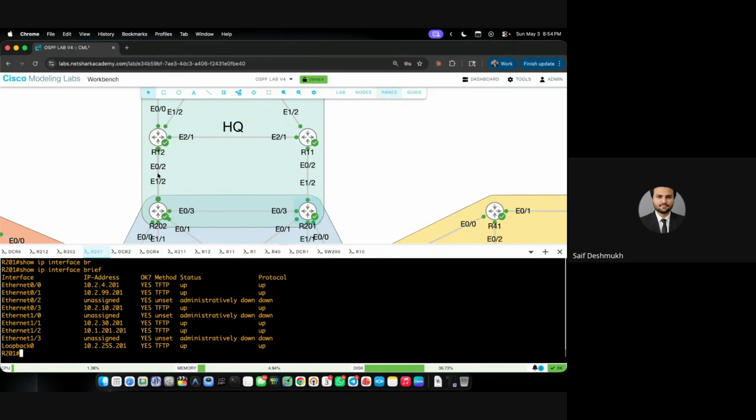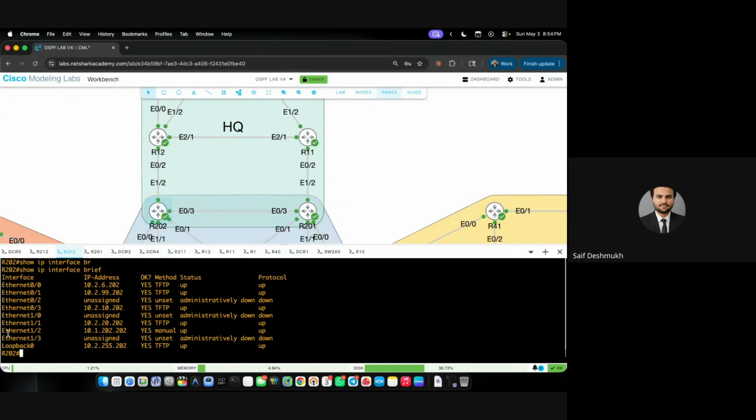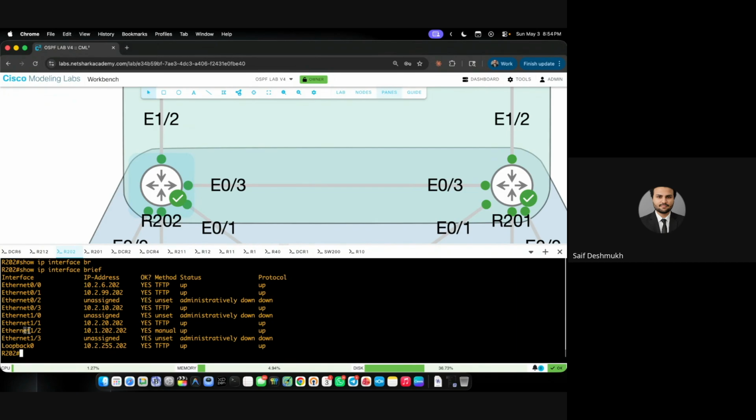Similarly, the link between HQ and 202 will be 10.1.202. We can confirm that here as well, interface 1/1, 10.1.202.202. Hopefully everybody understood how the IP addresses are.